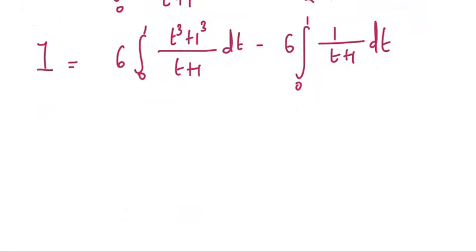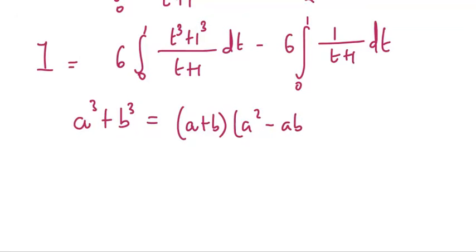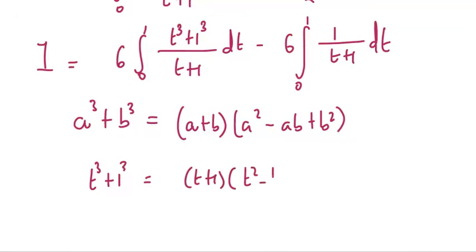Okay, so from here, let us recall the sum of two cubes formula. We know that a cubed plus b cubed is equal to a plus b multiplied by a squared minus ab plus b squared. So here, t raised to the power of 3 plus 1 to the power of 3 is going to be equal to t plus 1 multiplied by t squared minus t plus 1 squared, which is 1.